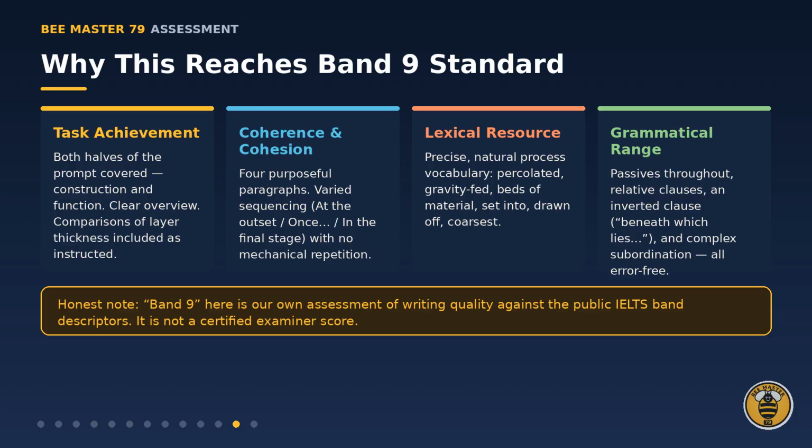And grammatical range: passives throughout, relative clauses, an inverted clause, beneath which lies, and complex subordination, all of it error-free. One honest note, and we say this on every video: Band 9 here is our own assessment of writing quality against the public IELTS band descriptors. It is not a certified examiner score.